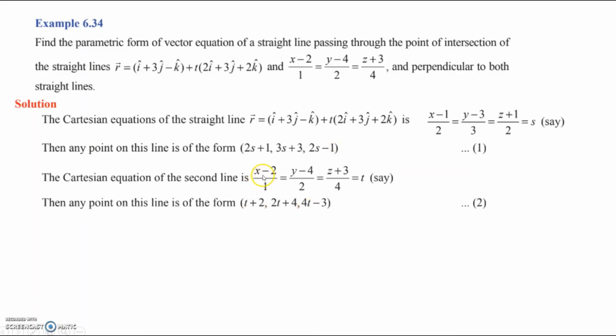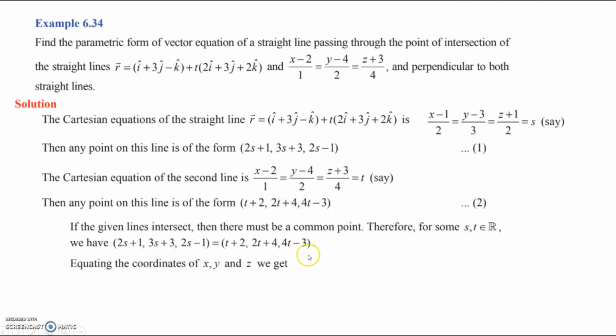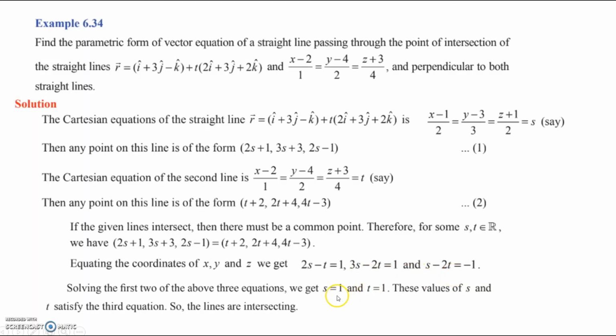Similarly, in the second equation, x is equal to t plus 1, y is equal to 2t plus 4, z is equal to 4t minus 3. Now equating these two lines' points, we can get s as 1 and t as 1.